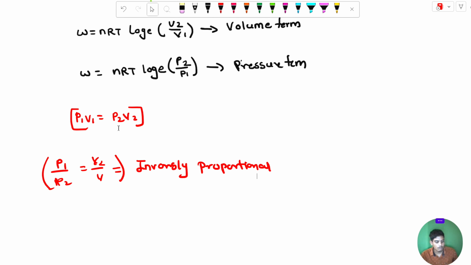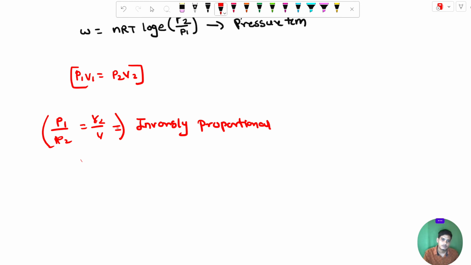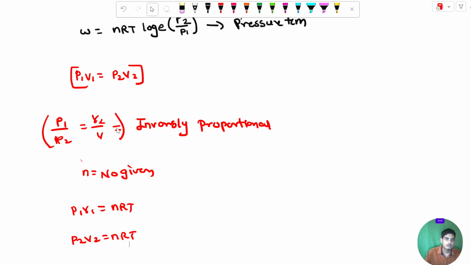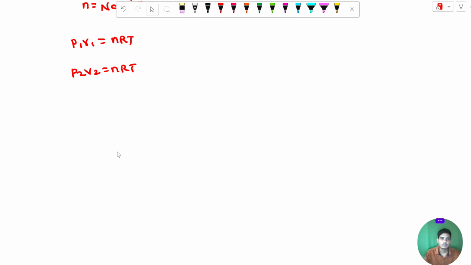If the number of moles n is not given, in that condition you can write P1 V1 is equal to nRT, and P2 V2 is equal to nRT. In the place of nRT you can write P1 V1 log e in bracket V2 V1.